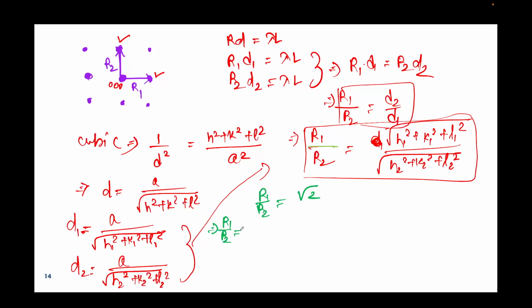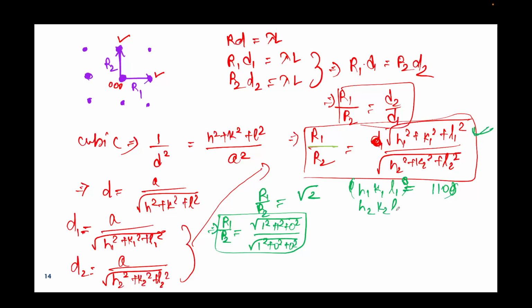How can I write this? I can write it as the square root of 1 square plus 1 square plus 0 square divided by 1 square plus 0 square plus 0 square, right? This is root 2, this is 1. Now if I compare this equation with that equation, H1, K1, L1 belong to 1 1 0, and H2, K2, L2 belong to 1 0 0, right?